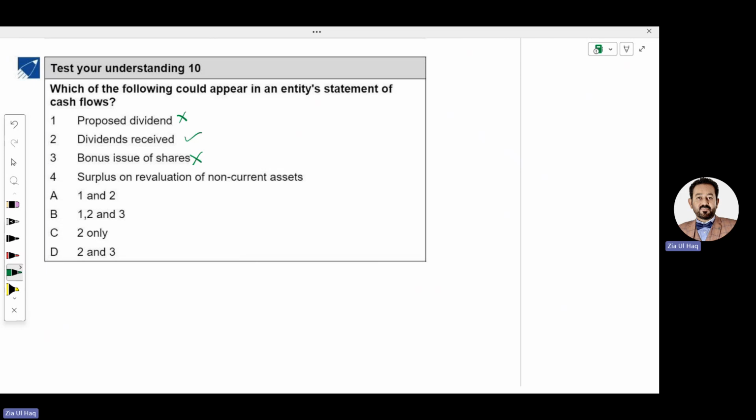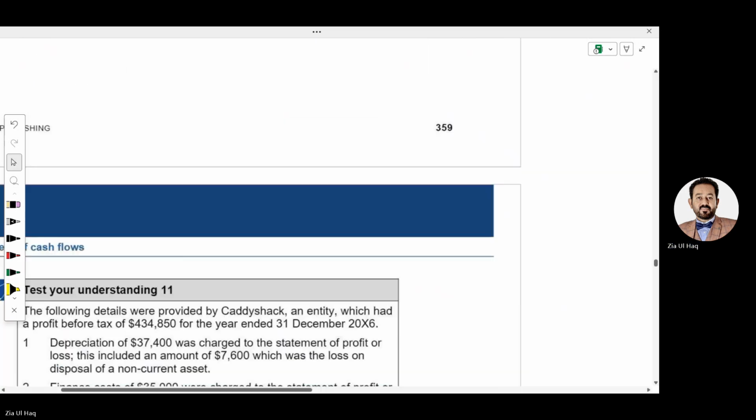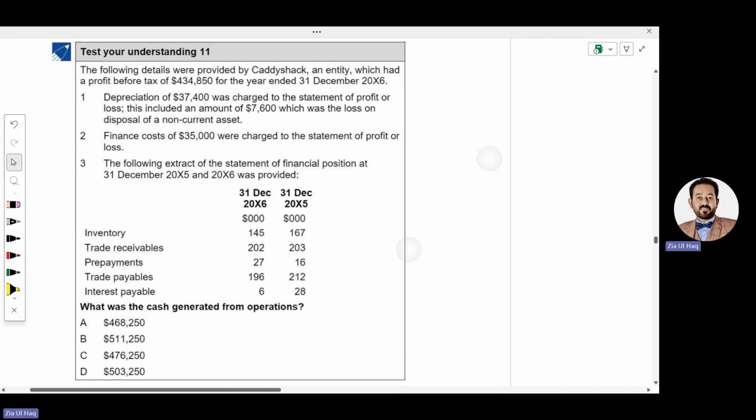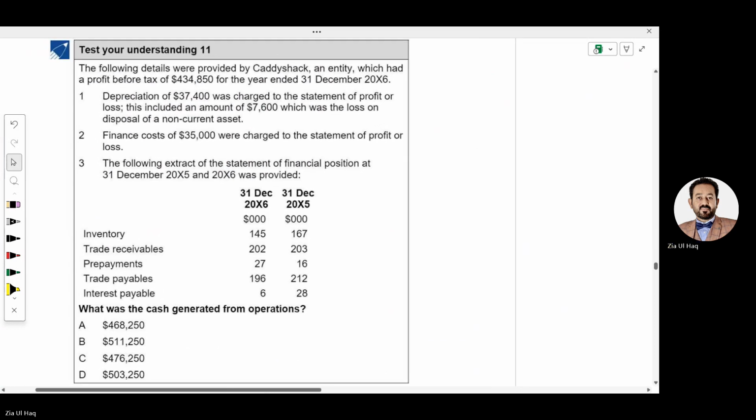Surplus on revaluation of non-current asset? There is no cash involved. No. We debit asset, credit revaluation surplus. So only two options. Good luck everybody for test your understanding level.